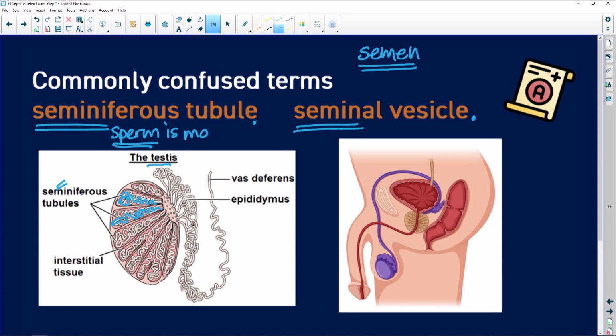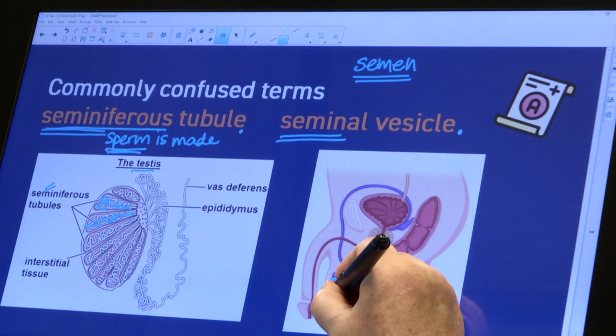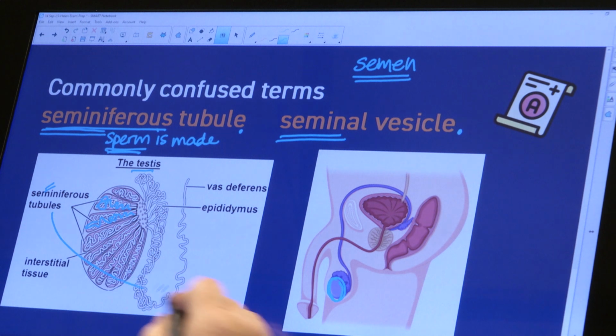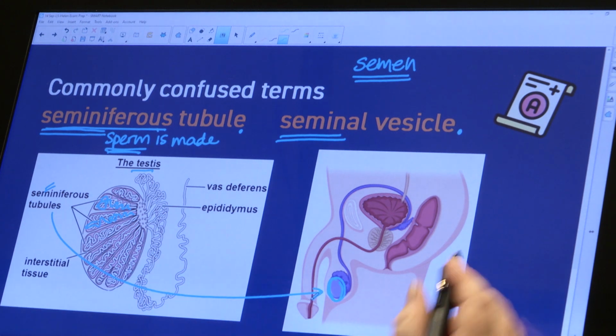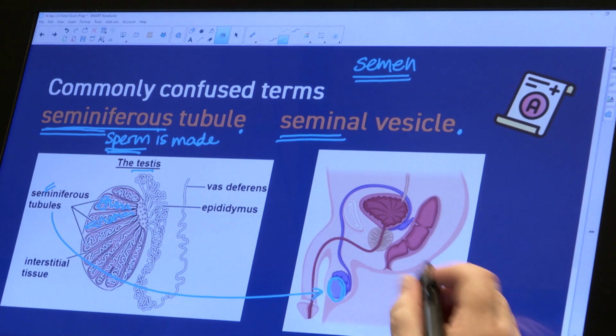Sperm is made inside these seminiferous tubules. So there are specialized cells, diploid cells, in the seminiferous tubules that undergo meiosis to produce the haploid gametes known as sperm. And here in this picture, there's where we would find our seminiferous tubules in the testes.